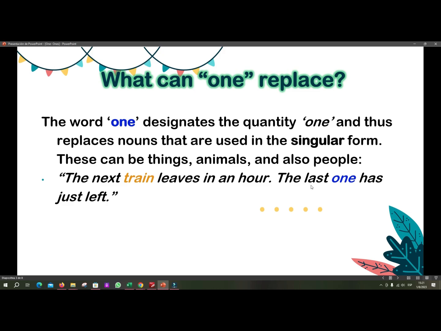In the second sentence, you're using the last one. So you're using the pronoun one in this case instead of saying train, right? So the next train, that is a singular noun, leaves in an hour. Then you're going to use one instead of train. You're replacing train in this case. So the last one has just left. That would be an example.